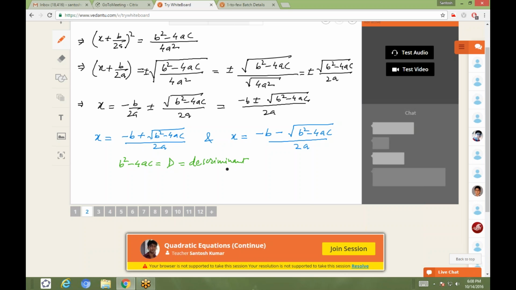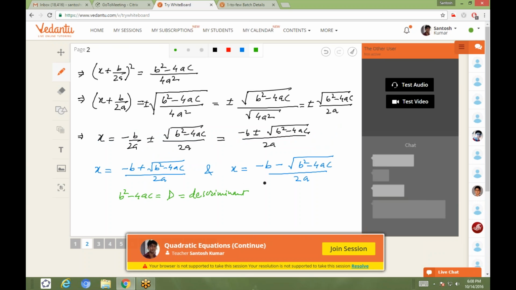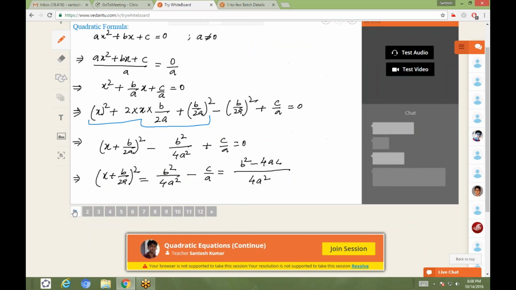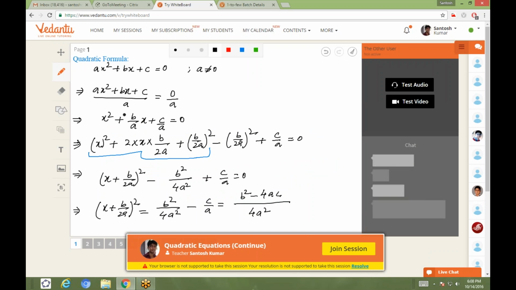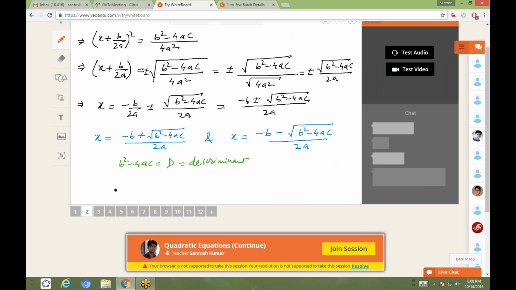Any confusion so far? Chirag, Aditi? No, sir. Fine. Now, based on this, we are going to define the solution of a quadratic equation, right? For this quadratic equation, we have got this as a solution.